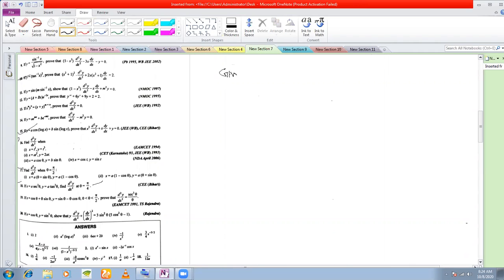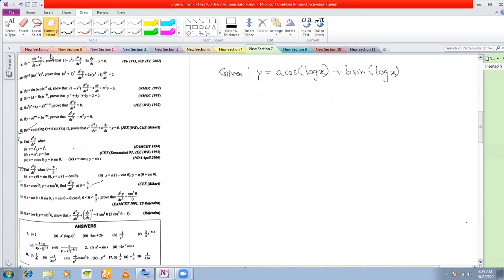So given y is equal to a cos log x plus b sin log x. This is number 15.